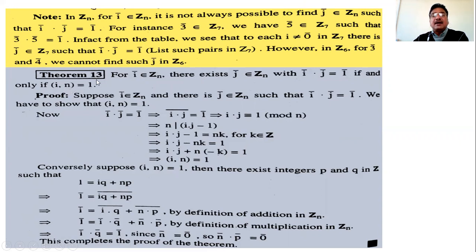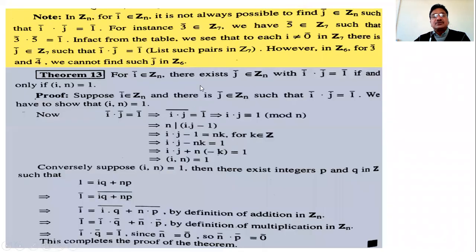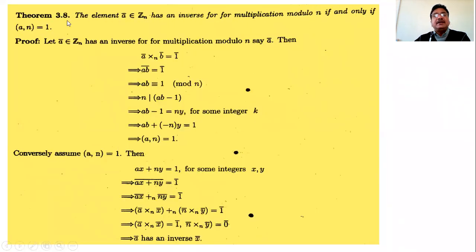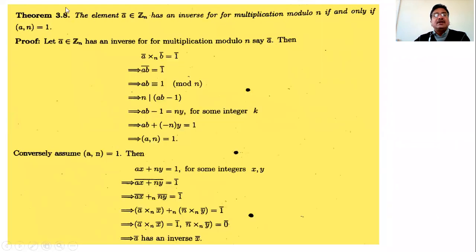The same theorem in another form: an element A bar in Zn has an inverse for multiplication modulo N if and only if the greatest common divisor of A and N is 1. So the wording of these two theorems is different, but the meaning is the same. Theorem 13 and theorem 3.8 have the same meaning.